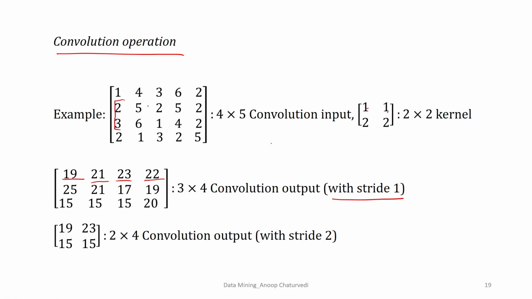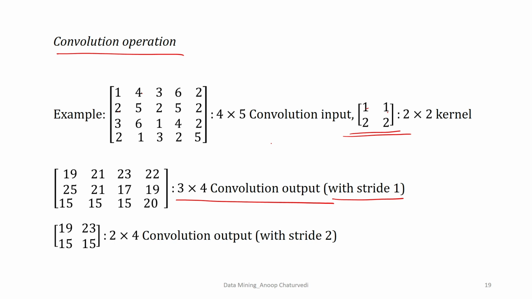Then we move here. Again we multiply this 2 by 1, 5 by 1, 3 by 2 and 6 by 2, and then we add, we get 25. And finally, we get this 2 by 4 convolution output. And notice that in performing this convolution, you are using the same weights.